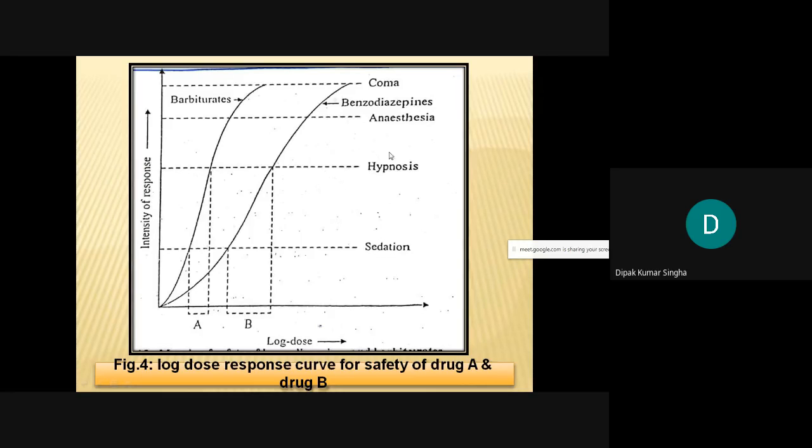After a higher dose they produce a higher effect, then finally anesthesia, coma and death. Suppose someone takes 10 tablets of phenobarbital at a time, it will cause coma, and finally death may occur, because the dose varies the response. I think it will be clear.